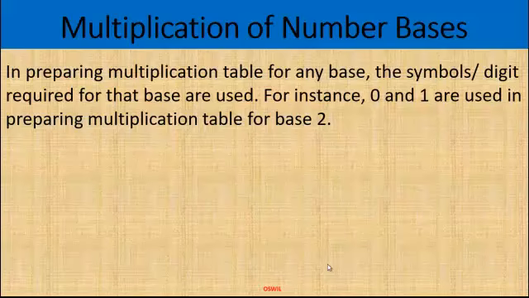Always the last number would be 1 less than the base mentioned. If it were base 3, you would use 3 symbols, 0, 1 and 2, and you know all these if you have been watching my videos on number bases. So let's move on.